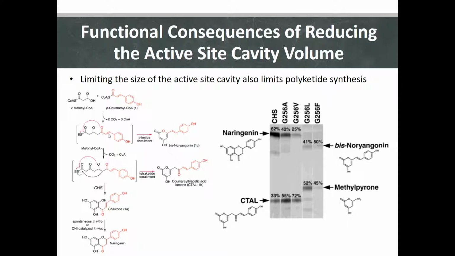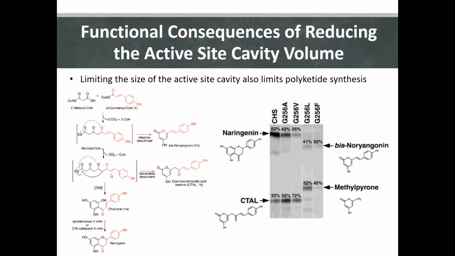And what can happen is this triketide can undergo cyclization to proceed down two possible paths. There's going to be a non-productive path, which gives you the molecule shown here on the right-hand side, or you can proceed down another condensation path where this triketide undergoes condensation with another malonyl-CoA to give you a tetraketide, shown here.